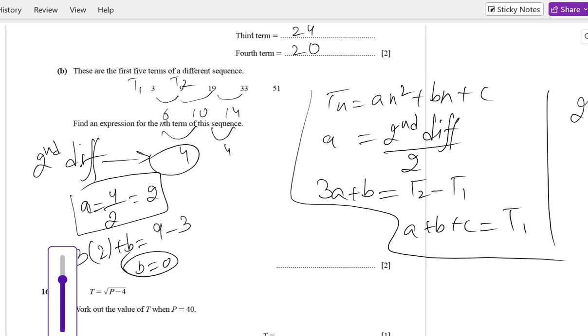So after finding A, B, and C, you can replace them in the main equation.